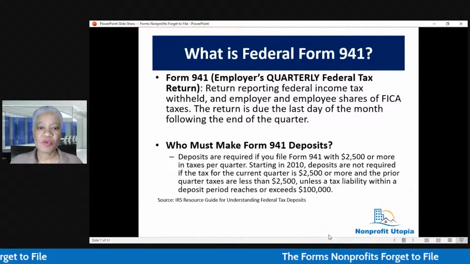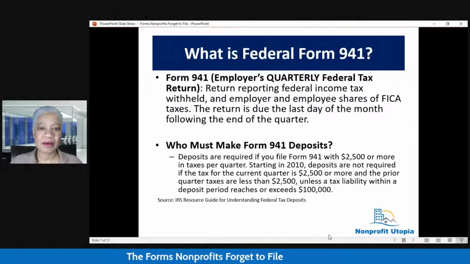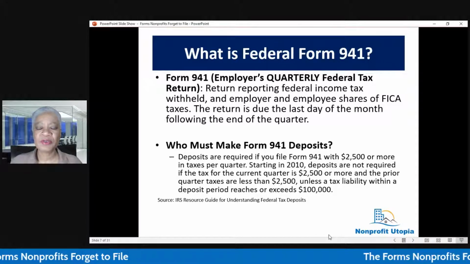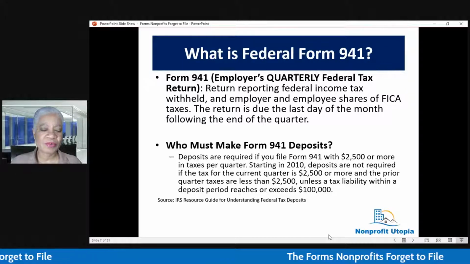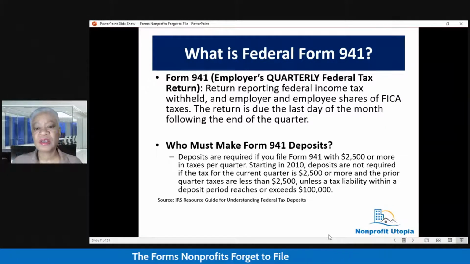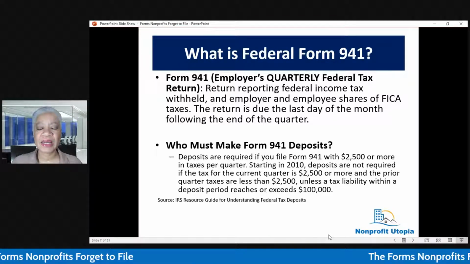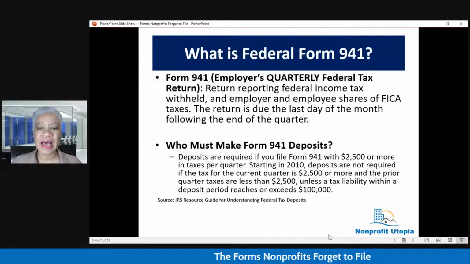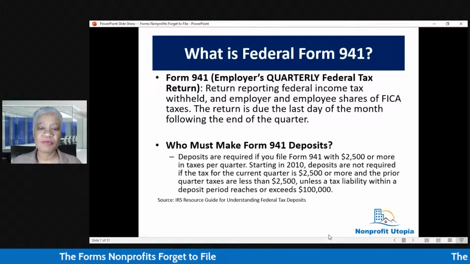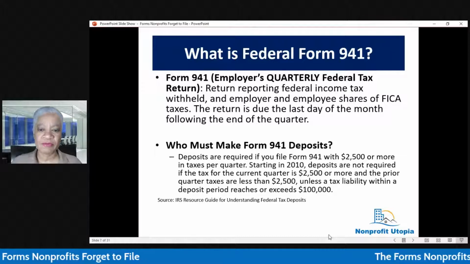And another form that people may not know about, when you're new to starting your payroll, if you're trying to do this yourself in-house without really consulting, quote unquote, the professionals, you could get yourself in a lot of trouble for not filing payroll taxes. And you do that on Form 941, and that is a federal form. It's a quarterly form.